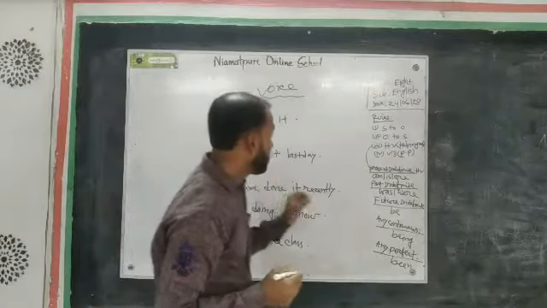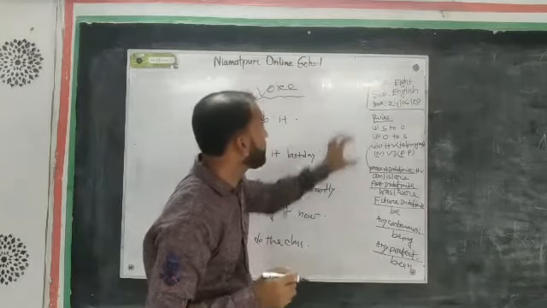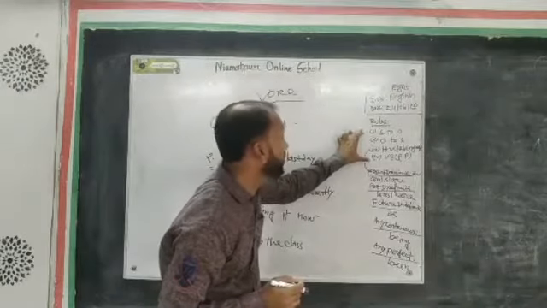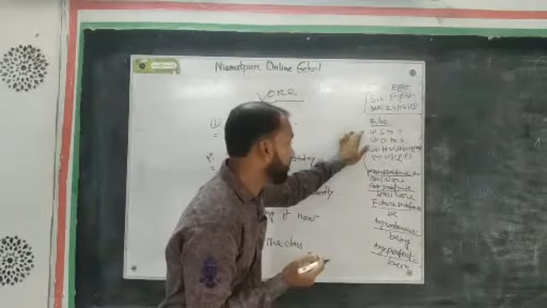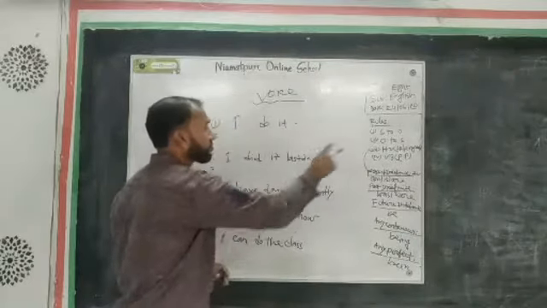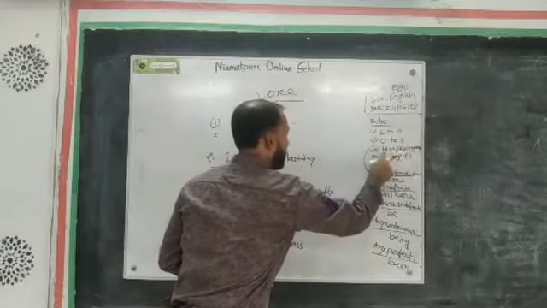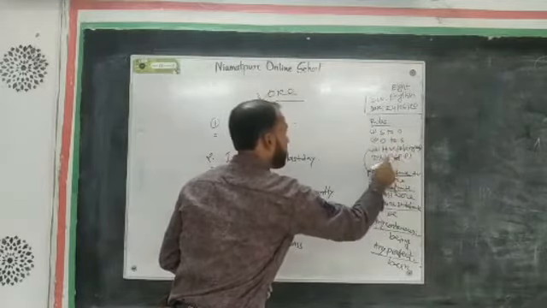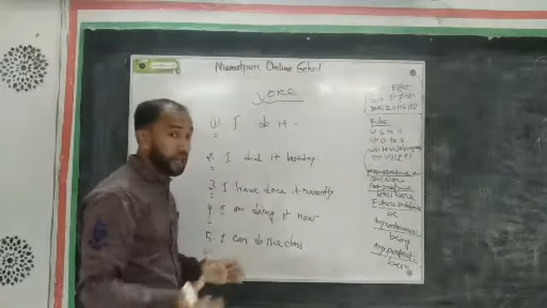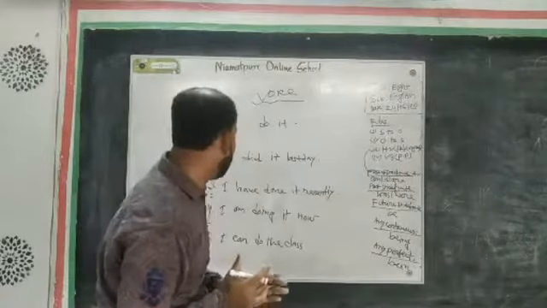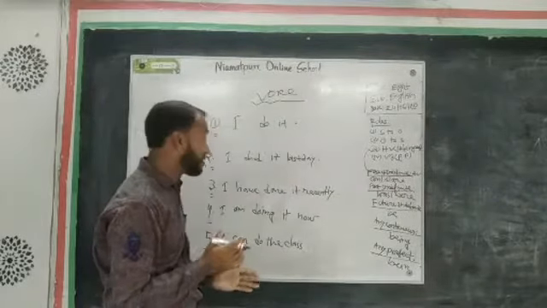For changing active to passive, you should bear in mind that four rules are very important. This was already discussed some time ago. Subject to object, S for subject, O for object, auxiliary verb, V3 the past participle of the verb. Now you will guess the tenses of the sentences.